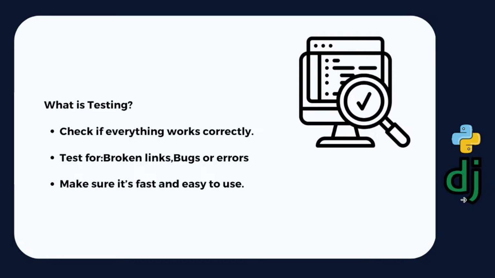In the testing session, the tester is introduced. First the tester tests every functionality, whether everything works or not, whether there are any broken links, bugs or errors, and makes sure it is fast and easy to use.